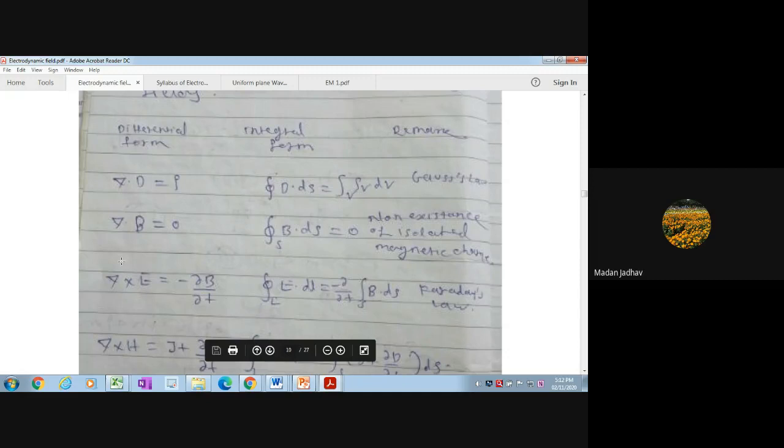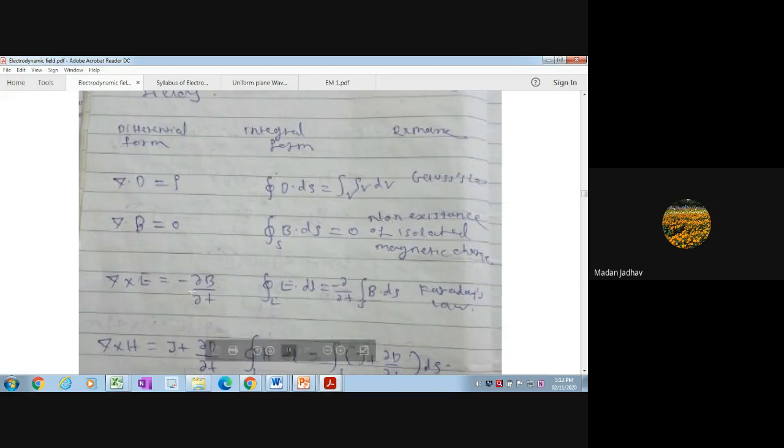This equation is obtained by using Faraday's law. According to Faraday's law, the EMF induced in the closed loop circuit is equal to minus d phi by dt.